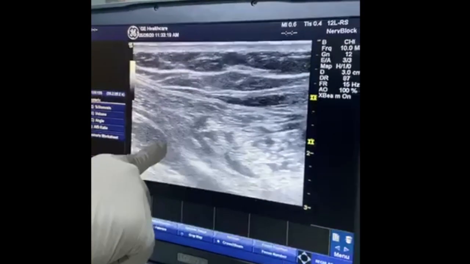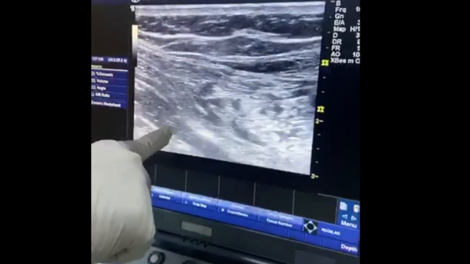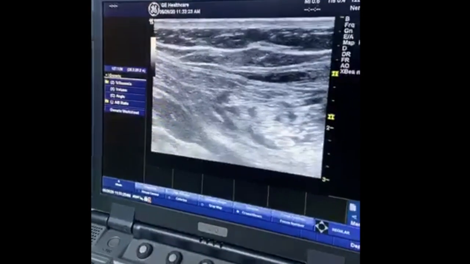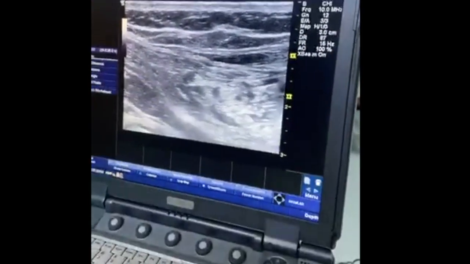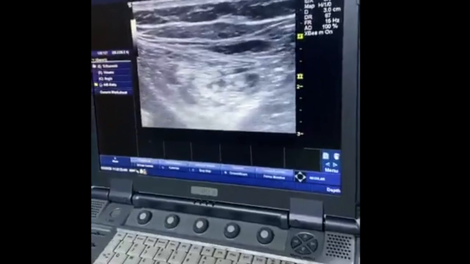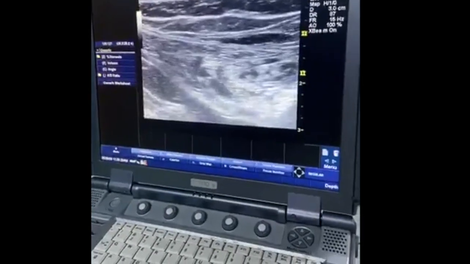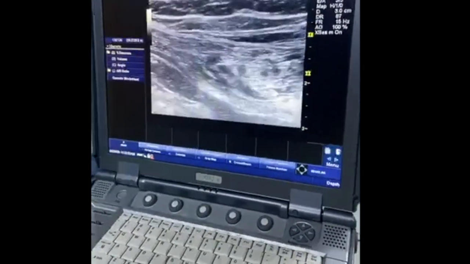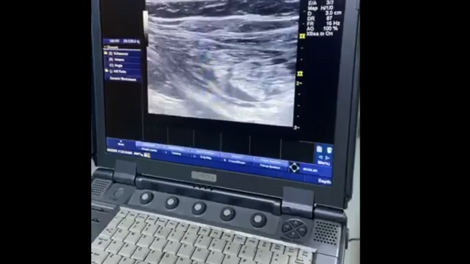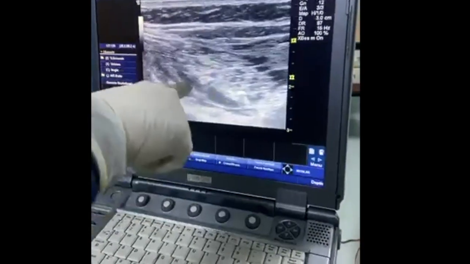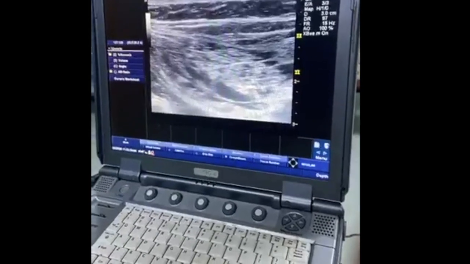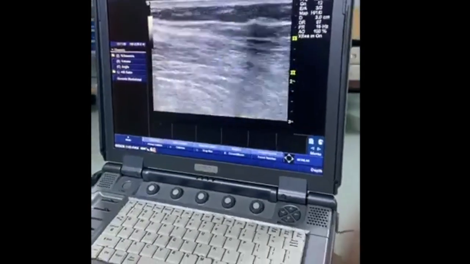The drug is spread below the transverse abdominis muscle and above the internal oblique muscle. Initially there was some drug there also. After that the drug is spread nicely between the two muscle layers, and there is some intramuscular spread also.